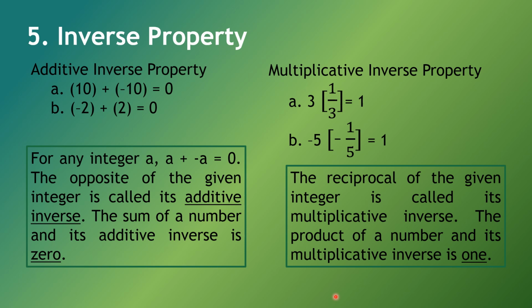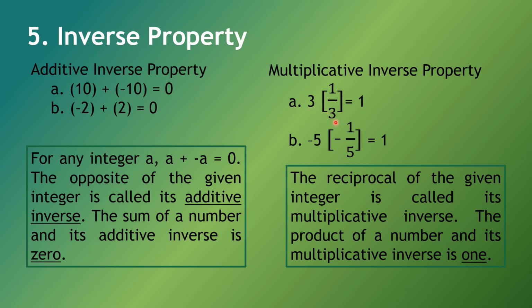So when we said multiplicative inverse property, the reciprocal of the given integer is called its multiplicative inverse. The product of a number and its multiplicative inverse is 1. So kung dito sa additive inverse, ang kabaliktaran ng positive 10 ay negative 10, dito naman sa multiplicative inverse, ang kabaliktaran ng positive 3 ay 1/3.